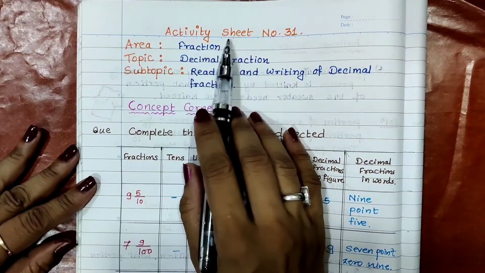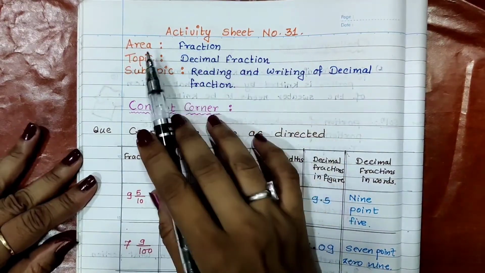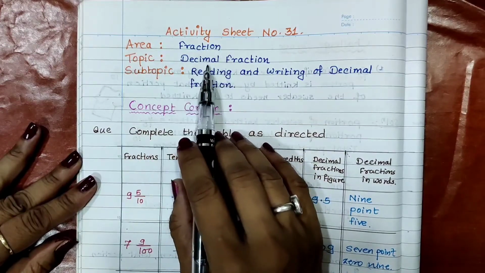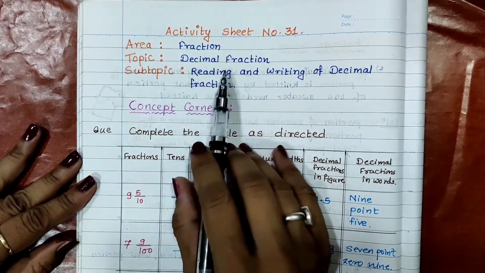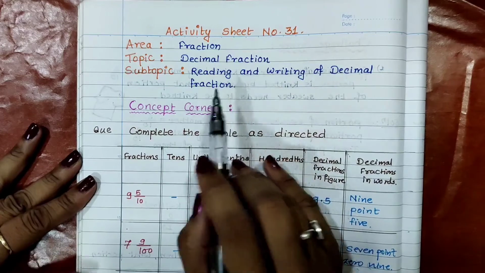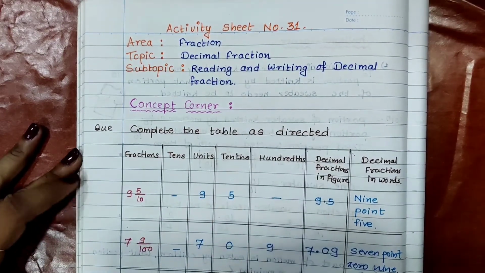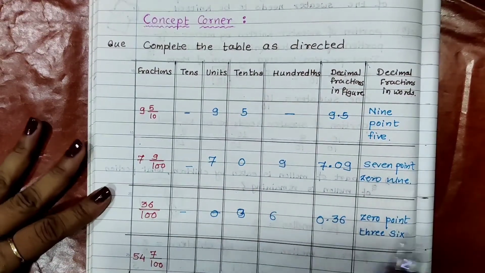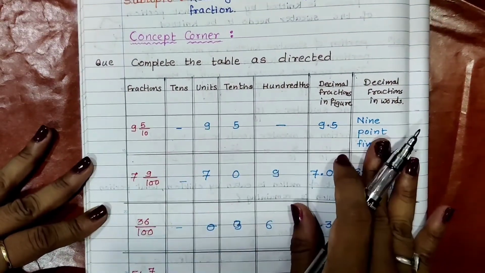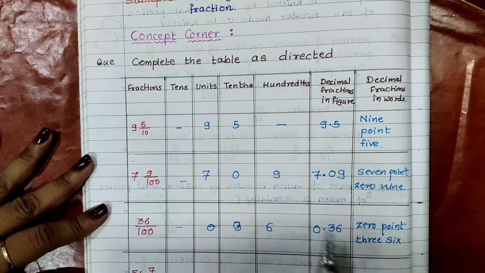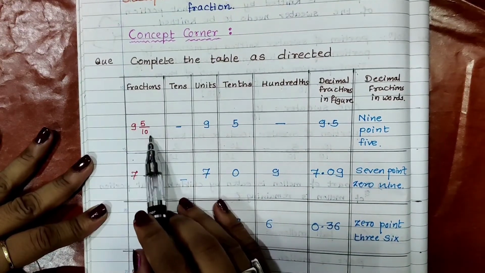So here I have written activity sheet number 31. The area is fraction, the topic is decimal fraction and the subtopic is reading and writing of decimal fraction. In the concept corner we have to complete the table as directed. In the first, second and third the blanks are filled. We don't have to write anything. 9 integer 5 upon 10.